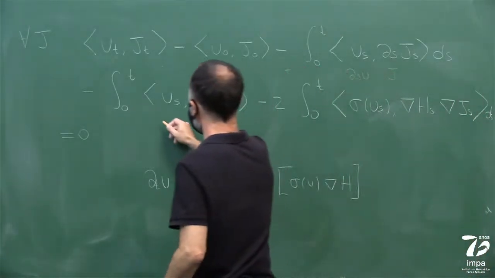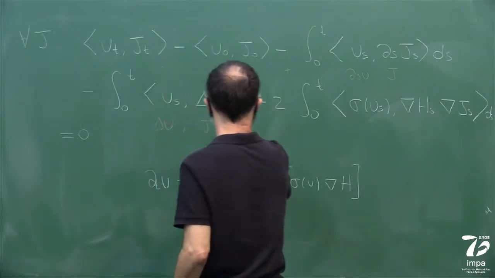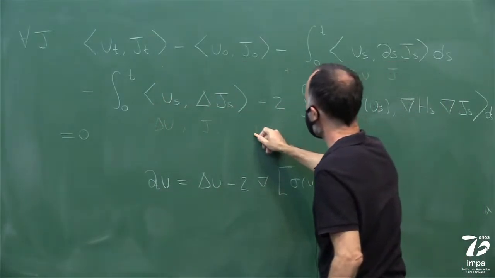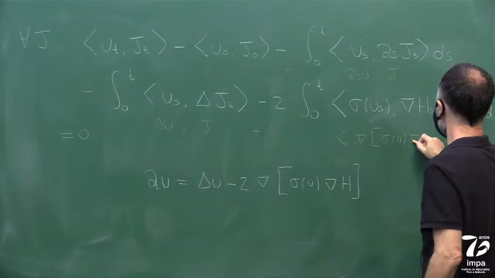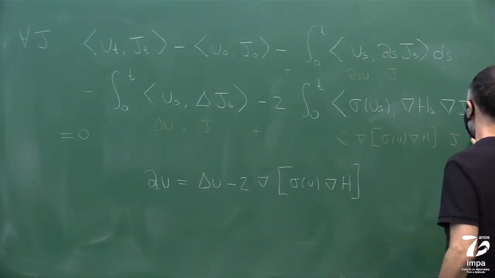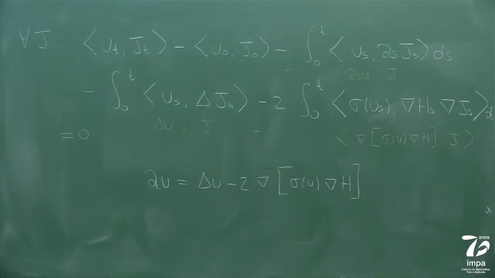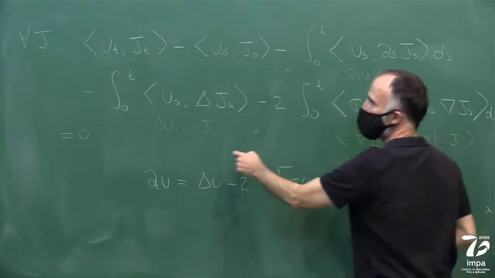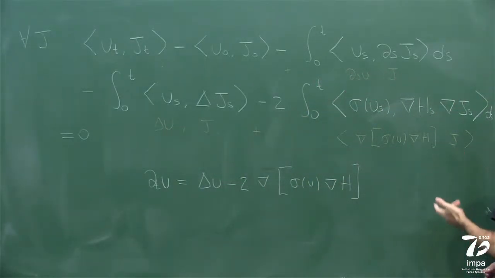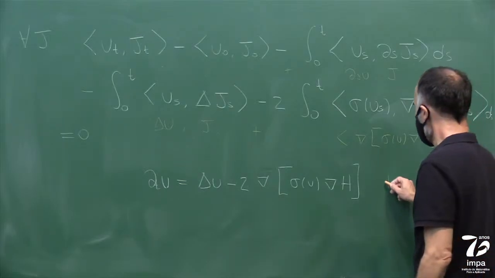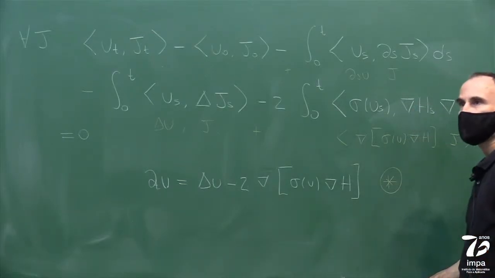Here, integrate twice by parts, you get that. Here, integrate once by parts, you get plus gradient σ of u, gradient h, g. Well, but this is true for all g, which means that this expression, minus Laplacian of u plus 2 times this expression, is equal to 0. And this is what I wrote. All right? So this is the one which maximizes.